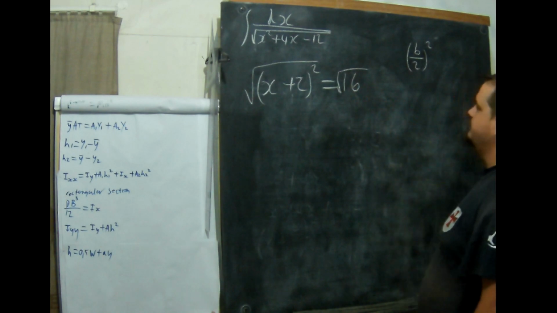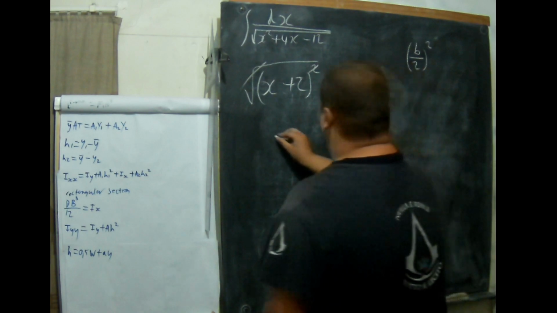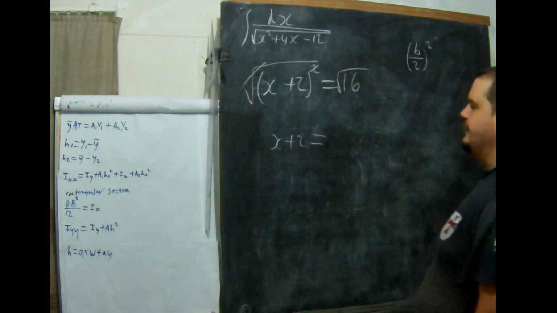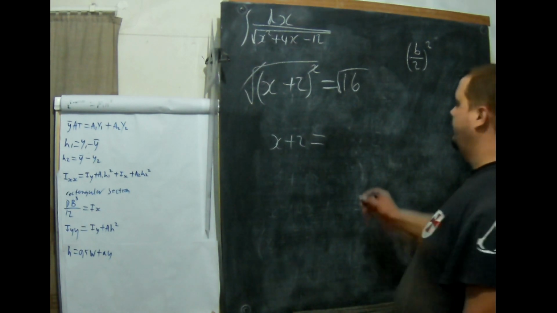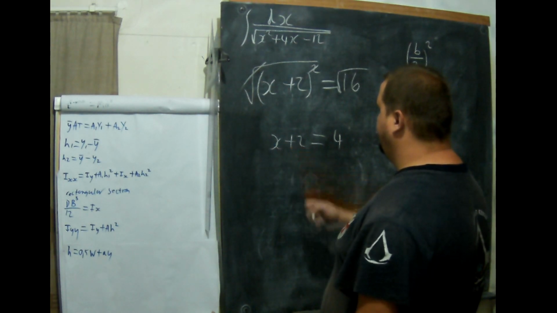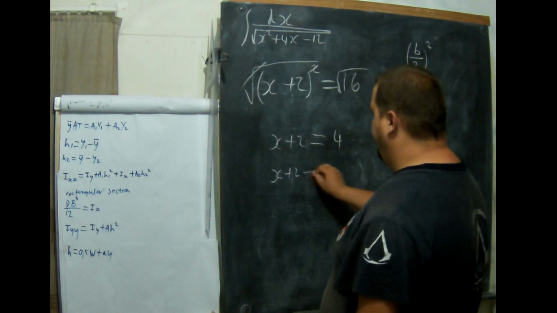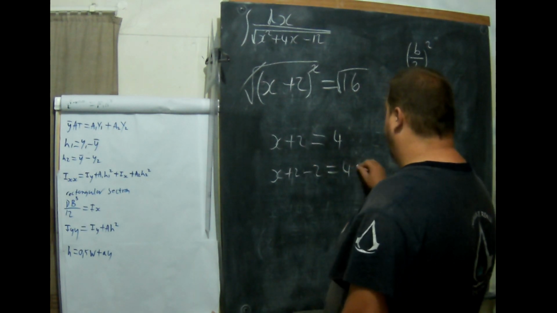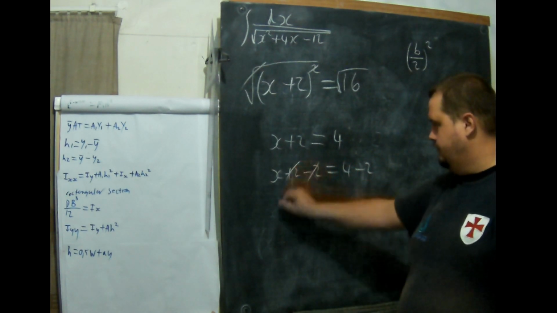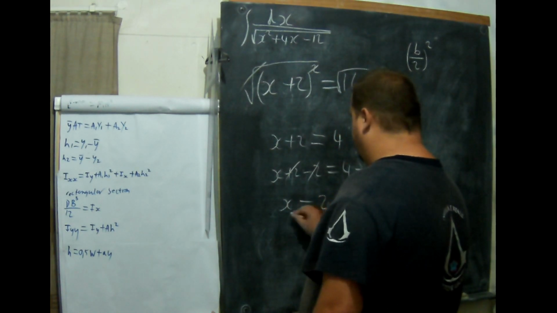Both will be a square root. So the square root cancels the square, and we're left with x plus 2. The square root of 16 is 4. So x plus 2 minus 2 equals 4 minus 2. The 2's cancel, and x is equal to 2.